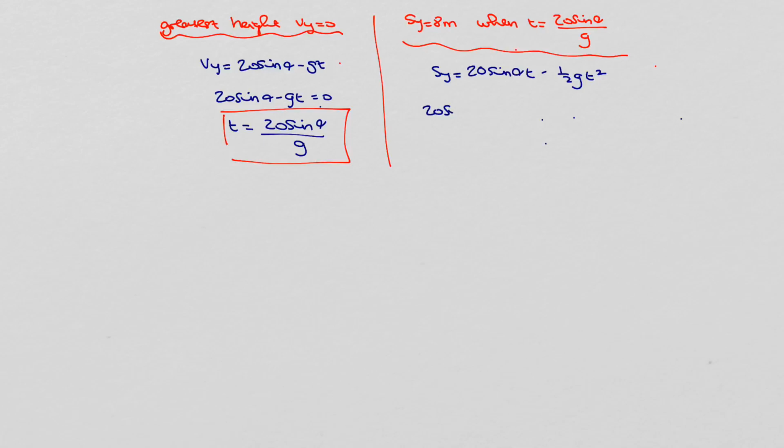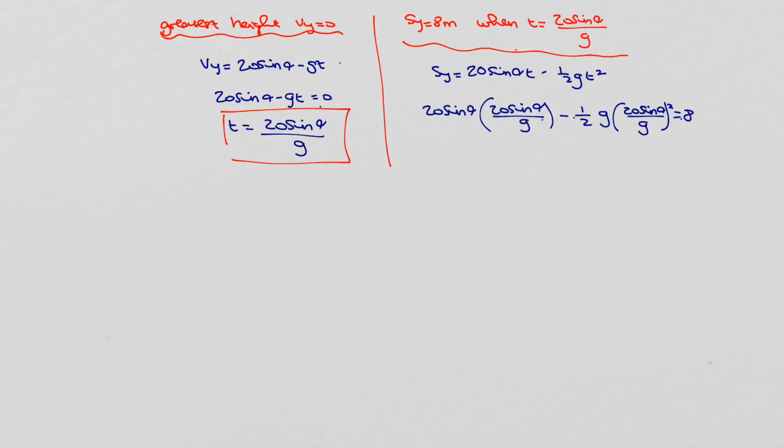So if I sub in for my time there, I have 20 sine alpha over g minus a half g, and then we have t squared, and that must equal 8. So if I multiply that out, well that gives me 20 by 20, which is 400.